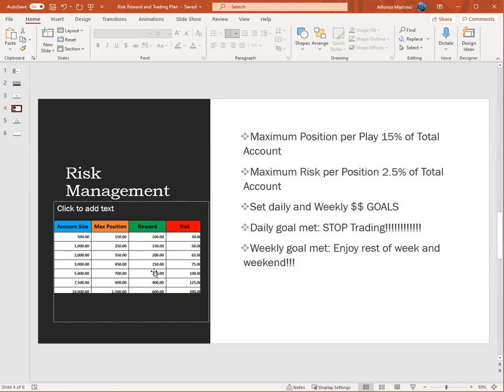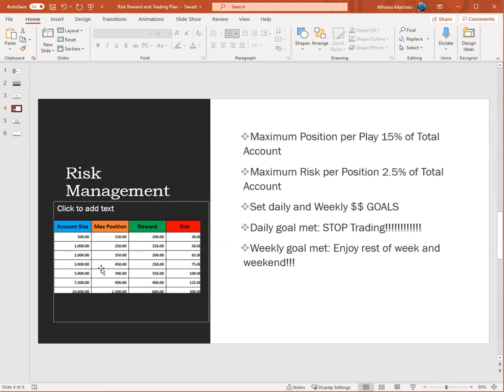So for example, in a $3,000 account, you can play around 6 trades if you do 450. So 6 trades is the equivalent, and you end up finishing your $3,000 in each, assuming that you have a cash account and you settle all the money that you sell the next day, right?